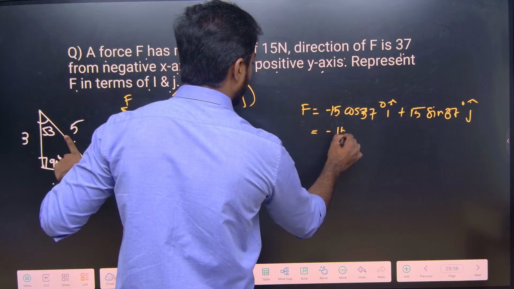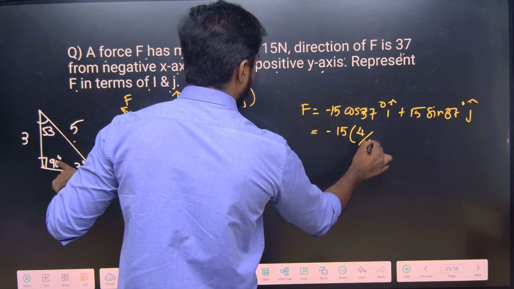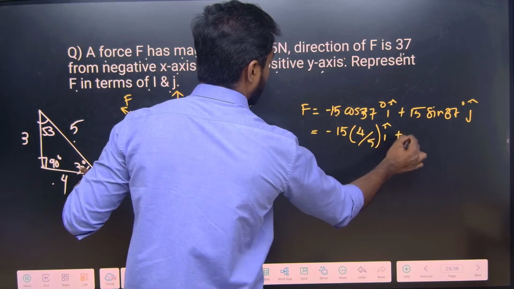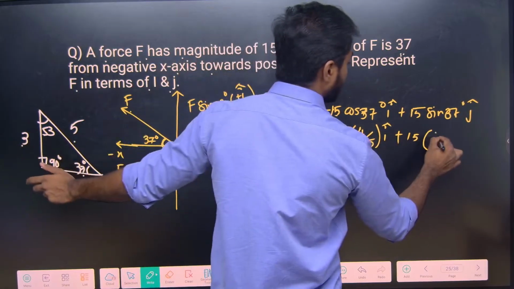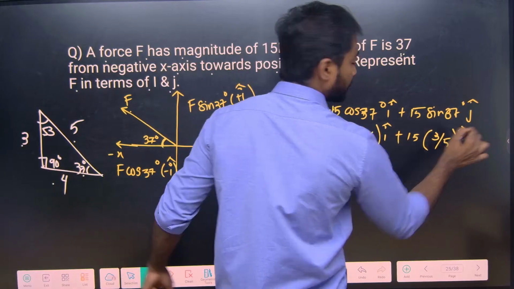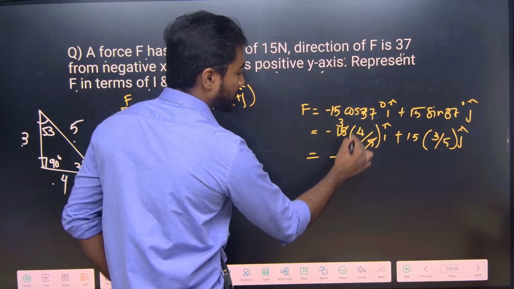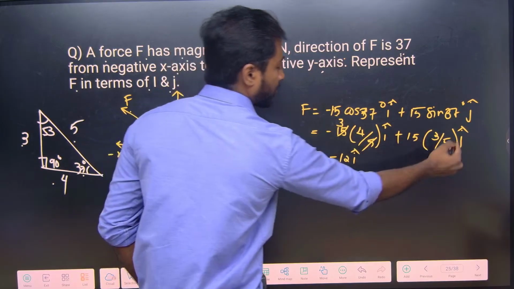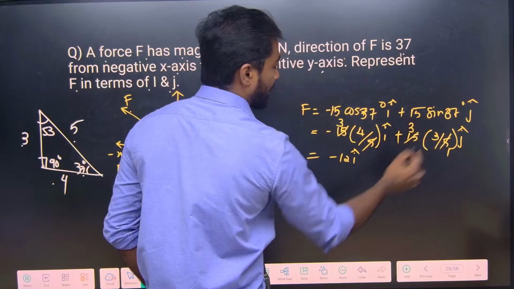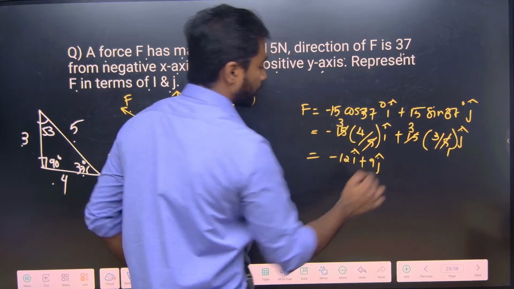So minus 15 into 4 by 5 i cap plus 15 into 3 by 5 j cap. So 3 times 4 is minus 12 i cap, and 3 times 3 is plus 9 j cap.